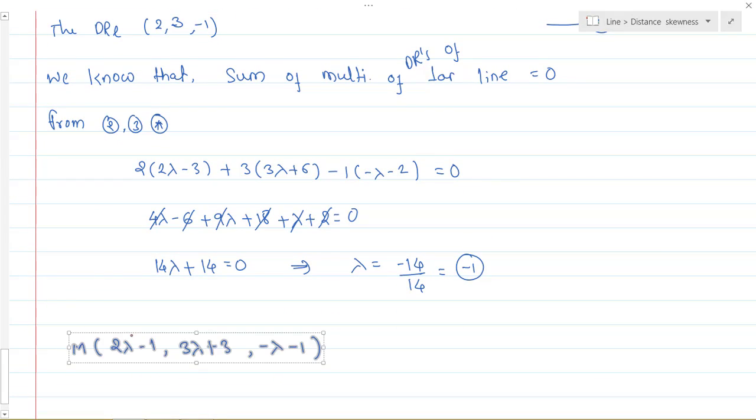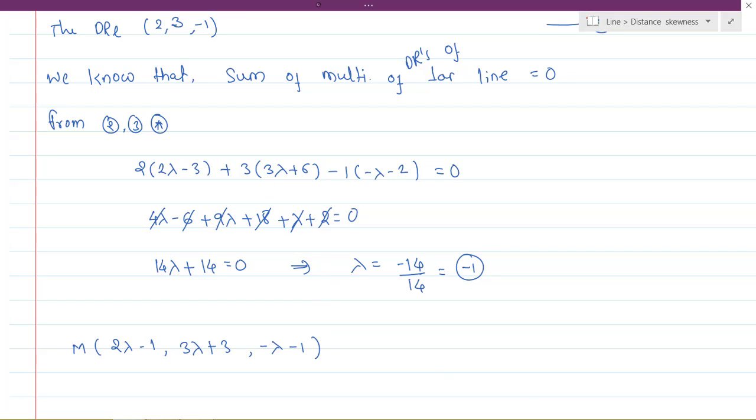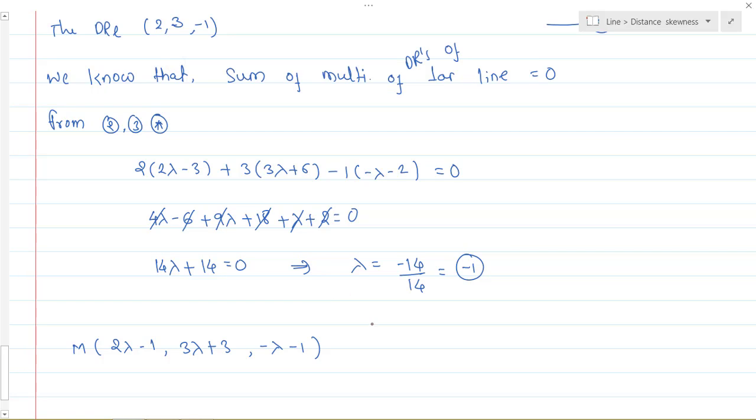Now for lambda equals minus 1, let's find out the coordinate of M. So M becomes 2 lambda, meaning minus 2 minus 1, that is minus 3. Then we have 3 into minus 1 is minus 3, plus 3 is equal to 0. And it is minus lambda, so minus minus plus 1, minus 1, that is my 0.